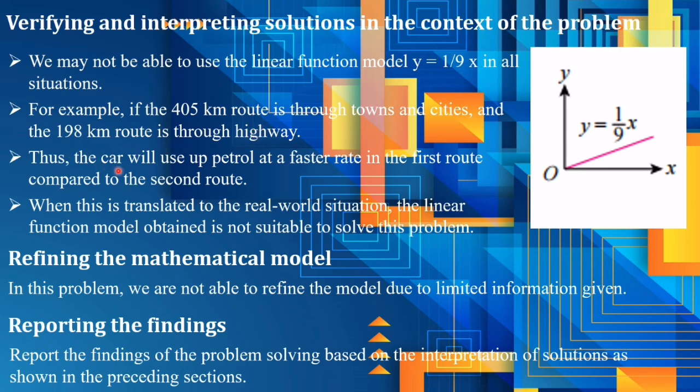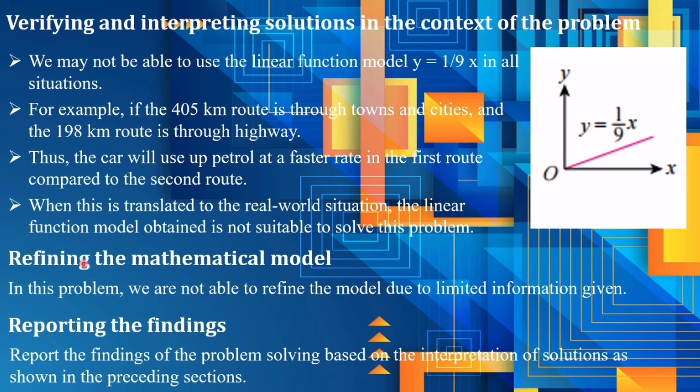Thus, the car will use up the petrol at a faster rate. When this is translated to the real situation, the linear function model is not suitable to solve this problem.